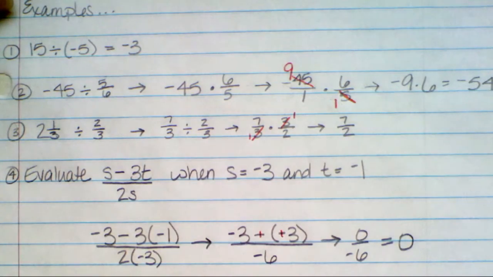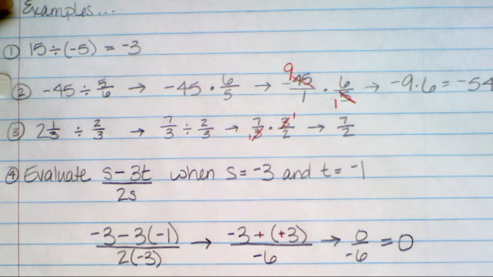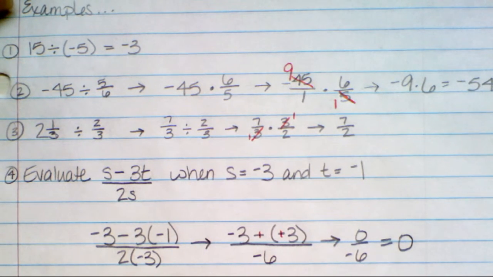So I take 3 times negative 1. So I'm left with negative 3 minus negative 3. And then 2 times negative 3 is negative 6. And then I take negative 3 plus positive 3, which is 0. And then I take 0 divided by negative 6. Well, 0 divided by any number equals 0.